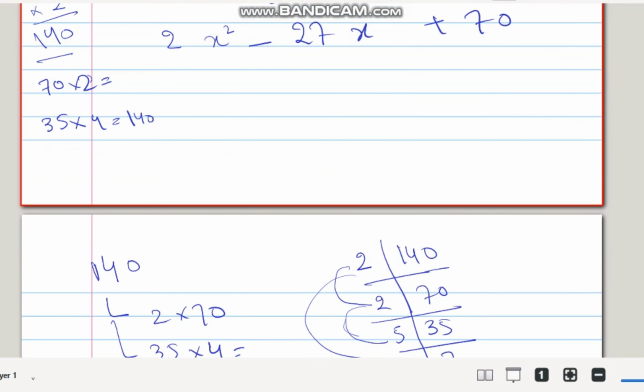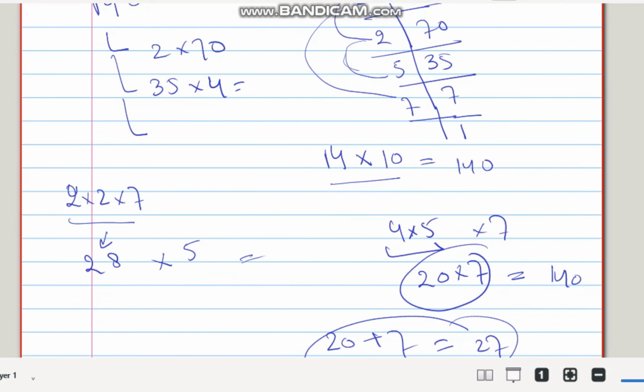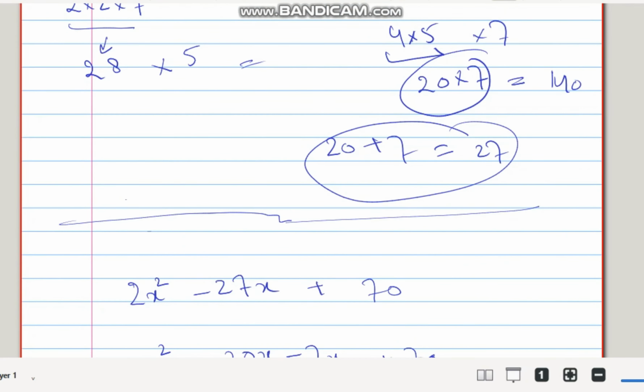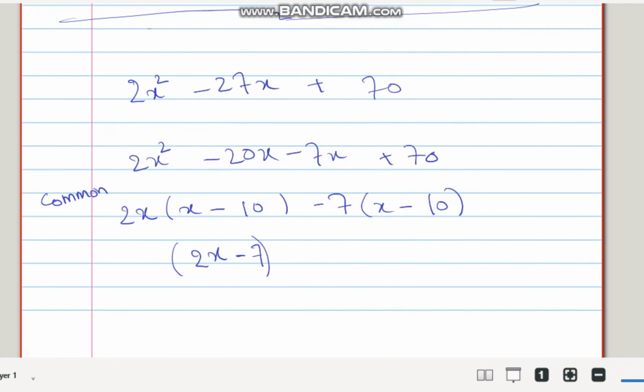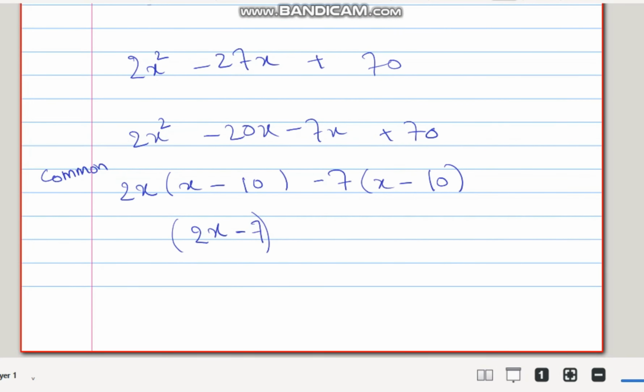We split the 140 into different combinations, and this combination is giving us 20 multiplied by 7 is 140. But if we add minus 20 and minus 7, it will give us minus 27. Now, if you don't understand that, please tell me again. I will explain it again. No, teacher, thanks, I understand it.